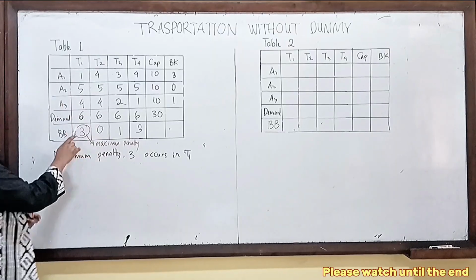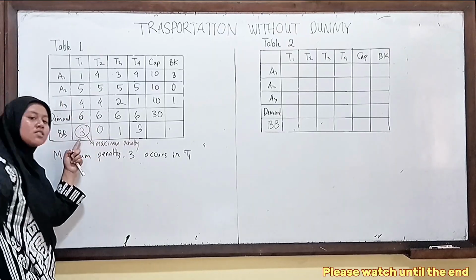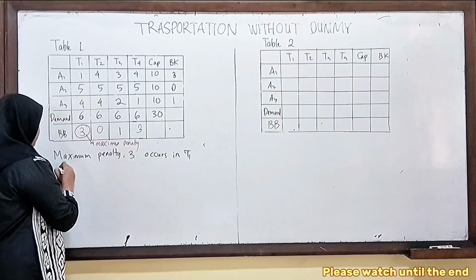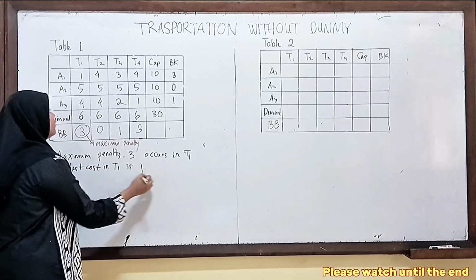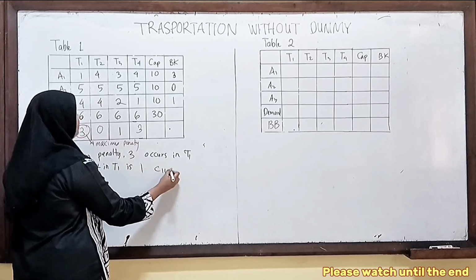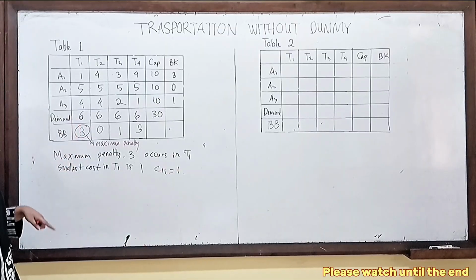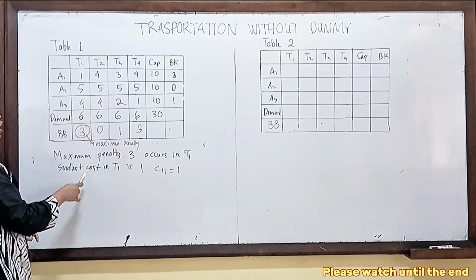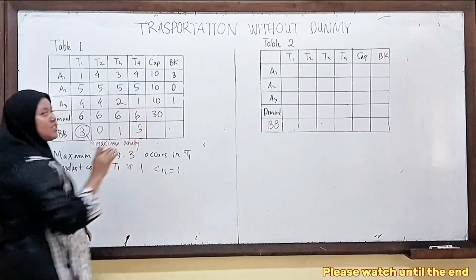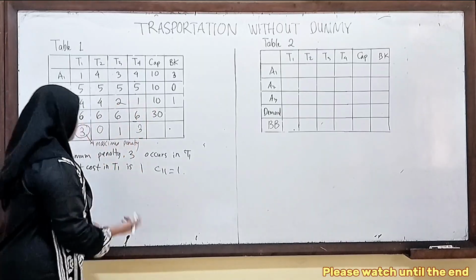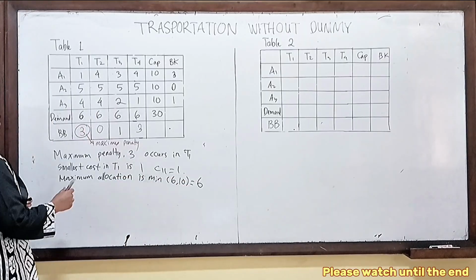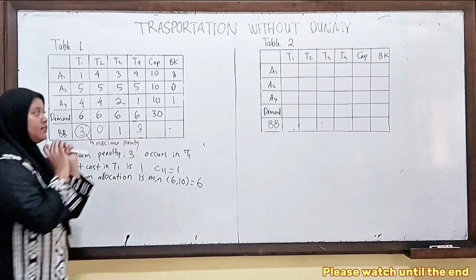For this column, we choose the smallest cost, which is 1, occurring in C11. Next, we find the maximum allocation for this cell, which is the minimum of 6 and 10, the minimum between the demand and the capacity. Okay, so we will see the changes in table 2.